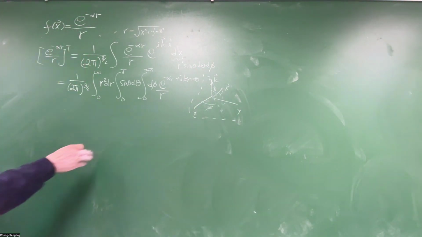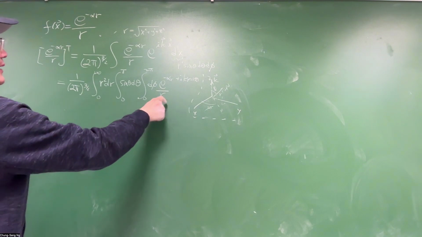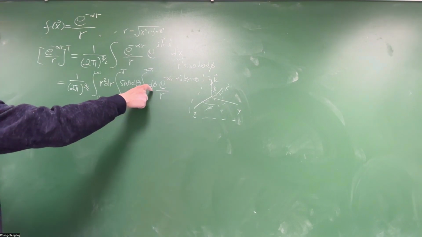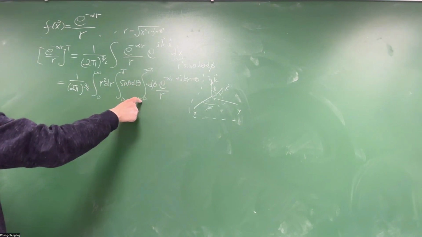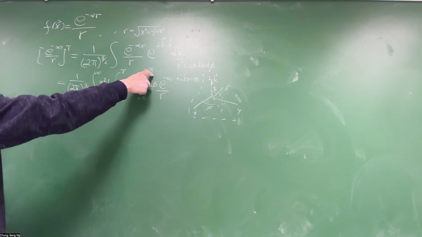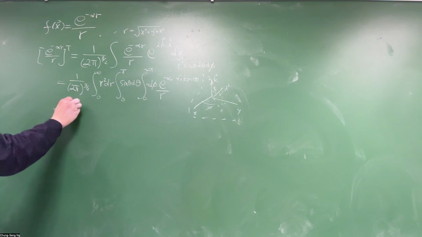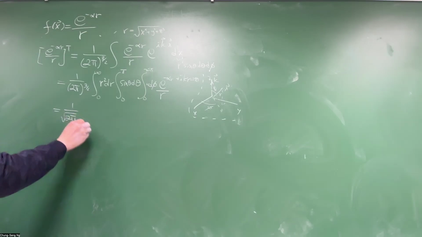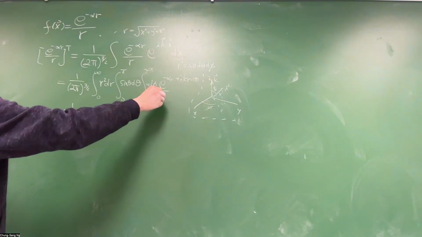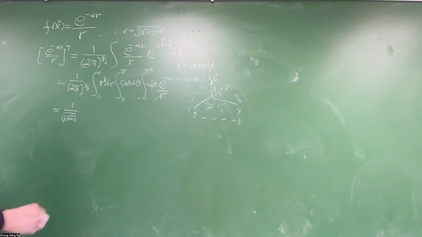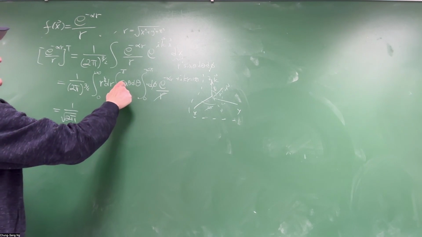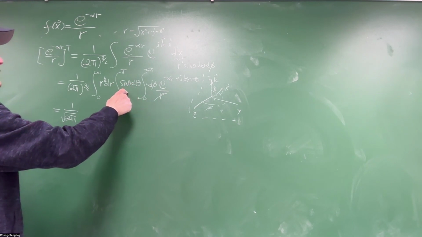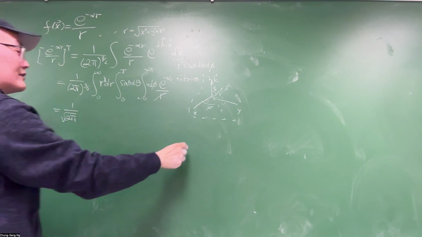All right, so that's not too bad. First thing you see is that it doesn't depend on phi, so you can integrate phi out right away. It's 2 pi, so it cancels part of this, leaving the square root of 2 pi here. There's also a cancellation of r with one factor in this r squared. Then you do a common trick: sine theta d theta is minus d cosine theta.